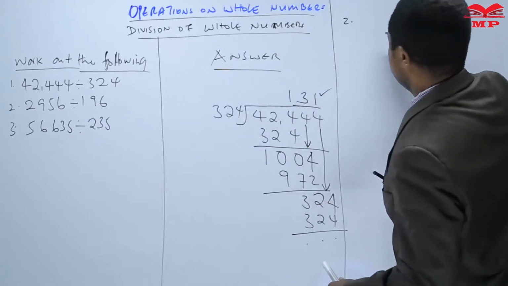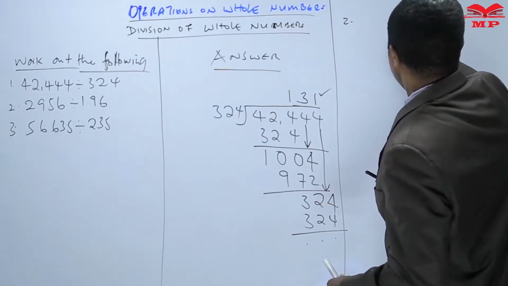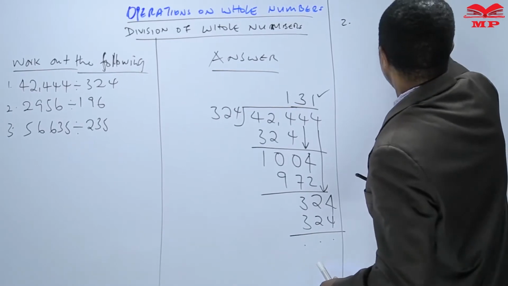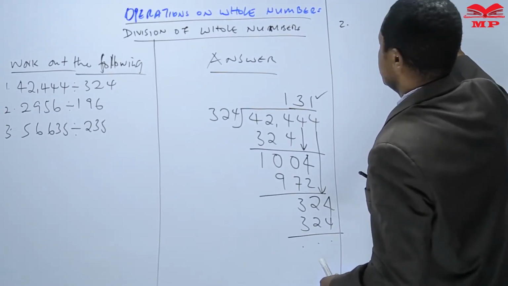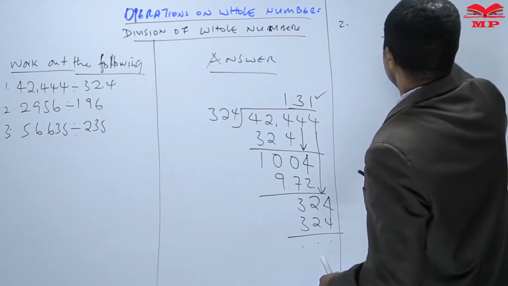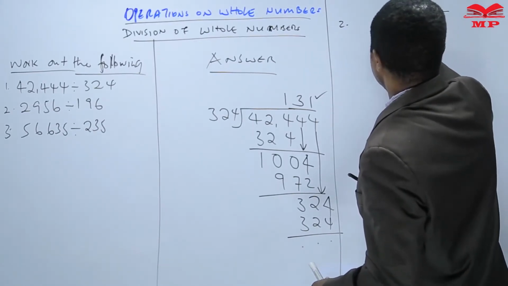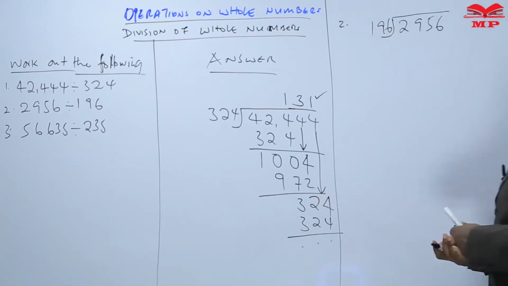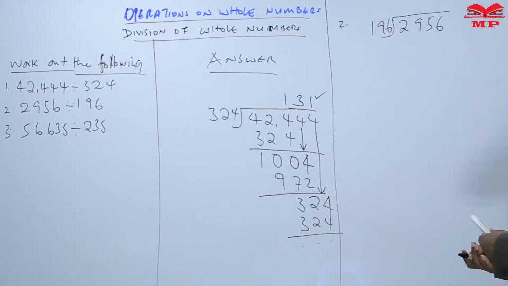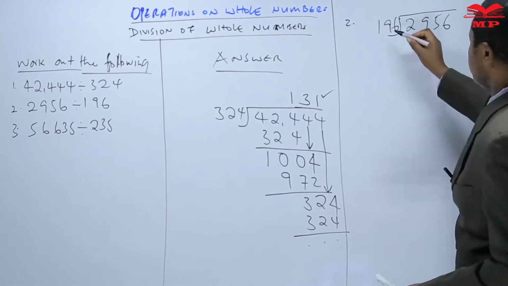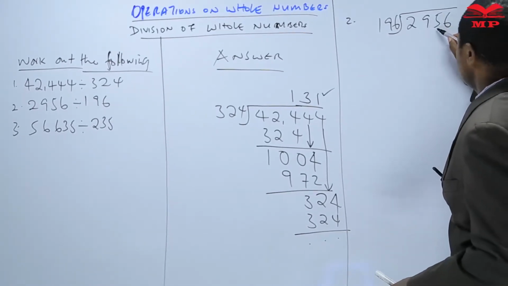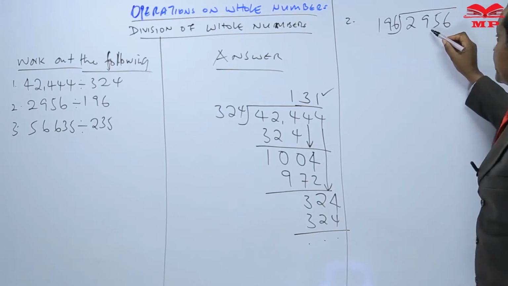Then let's divide number 2. We are dividing 2956 by 196. 196 goes into 295 how many times?